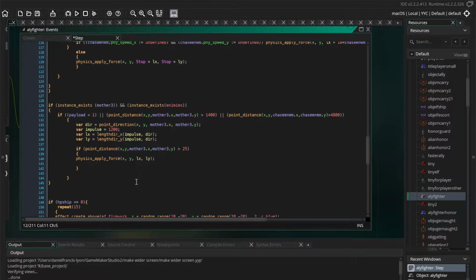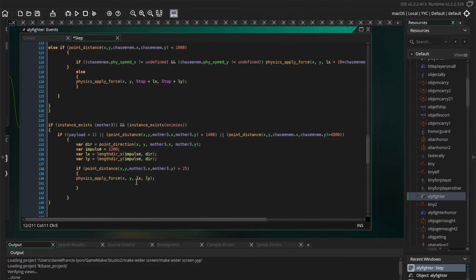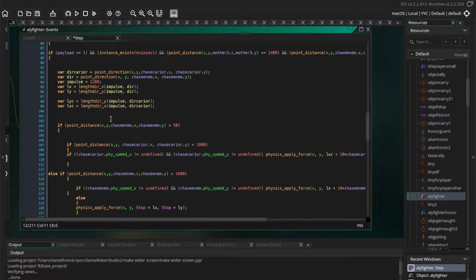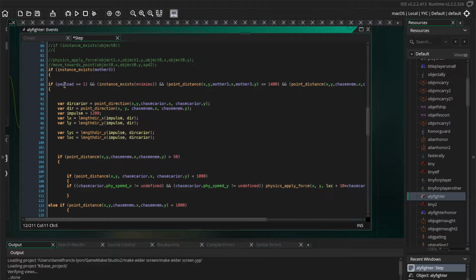And now let's look at that. Remember, this whole thing though only happens if I have payload. If I run out of my 2 shots, I have to go back to reload. So if I run out of payload, then this doesn't get called.